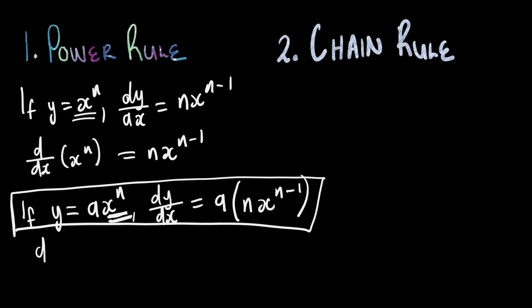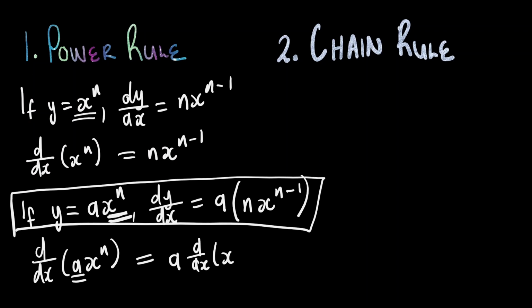Another way to write it is to say d dx of a x to the power of n. We now have a constant a there. What do we get? This is equal to a multiplying d dx of x to the power of n. That is what it says when you have a constant outside. You just bring it outside. The constant is not part of the process.